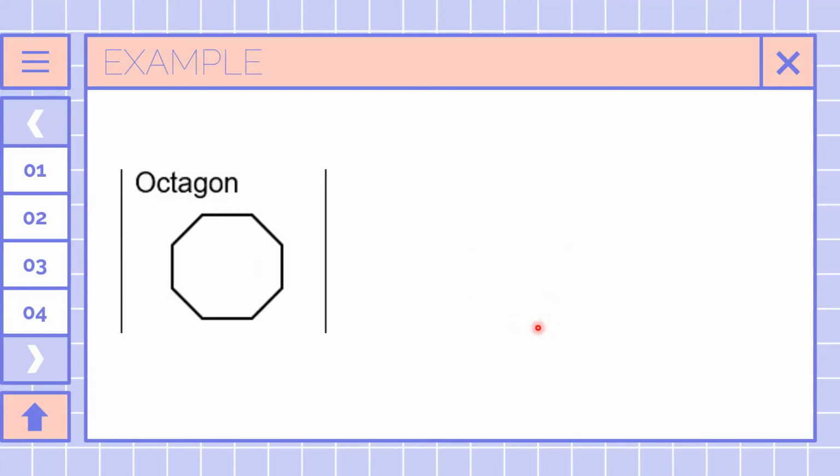So, try the octagon. Using the formula, S is equal to n minus 2 times 180 degrees. So, you will find n, which is the number of sides of your octagon or your polygon. Okay, substitute the number of sides for n.